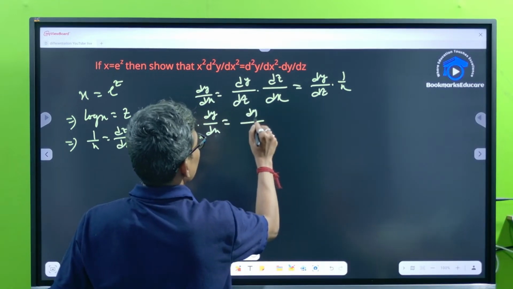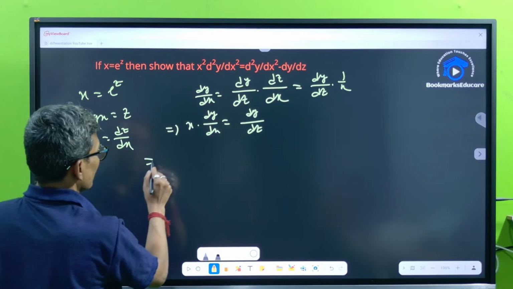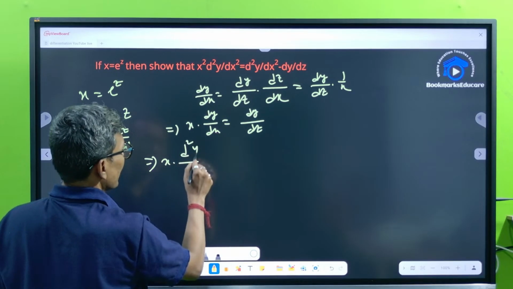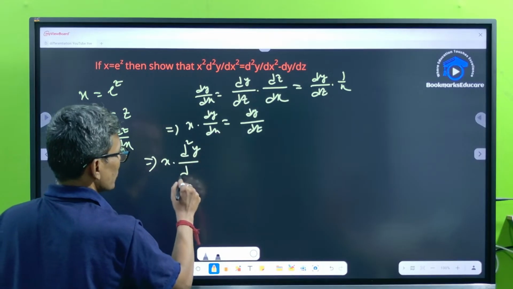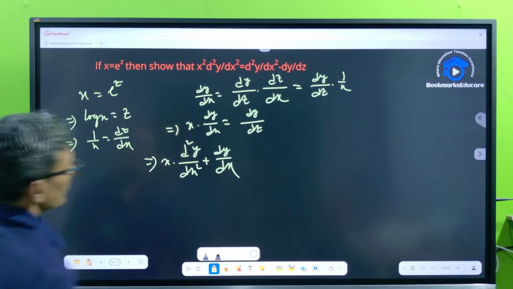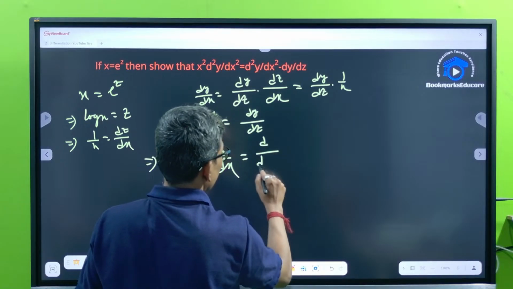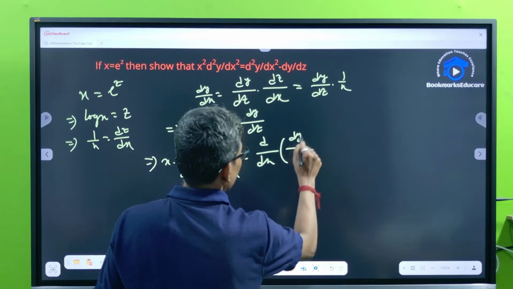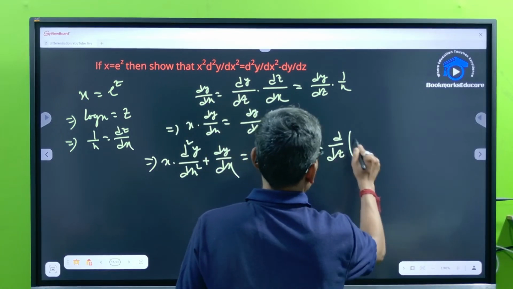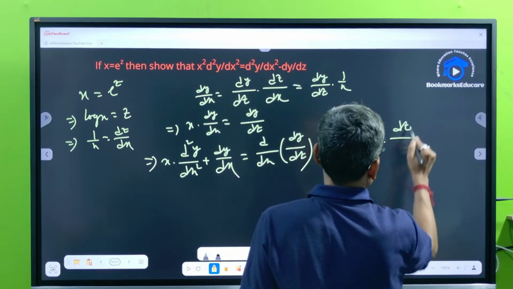So differentiating on both sides with respect to x. Keeping x and differentiating dy by dx, what will be the result? x into d2y by dx2 plus dy by dx is equal to d/dx of dy by dz, meaning d/dz of dy by dz into dz by dx.